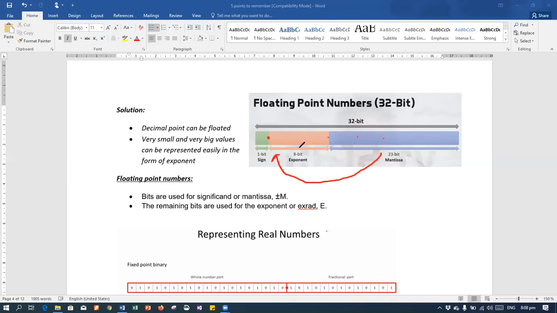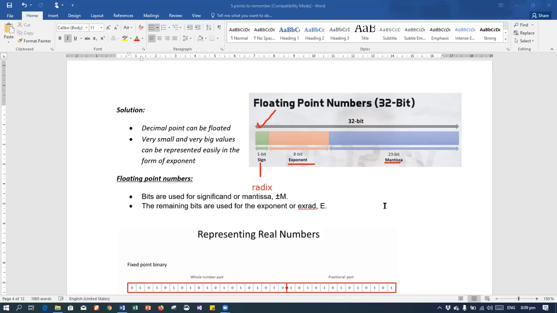Okay? Then we have got mantissa and exponent. The first bit basically is the sign bit. This is the sign bit, and you can call it radix. That's radix. Then we have got exponent and mantissa. It keeps on varying.